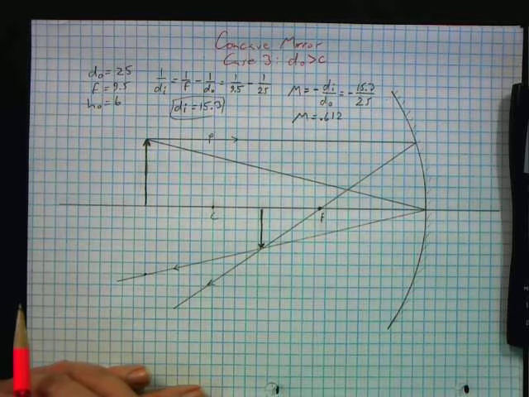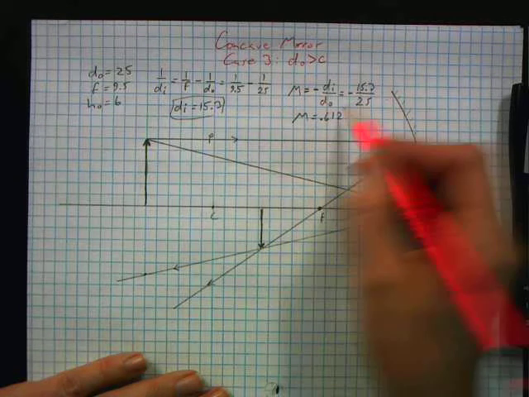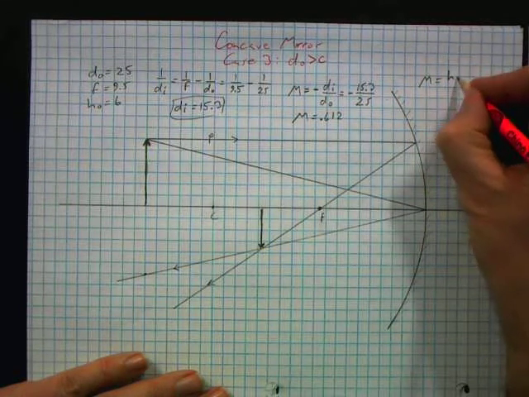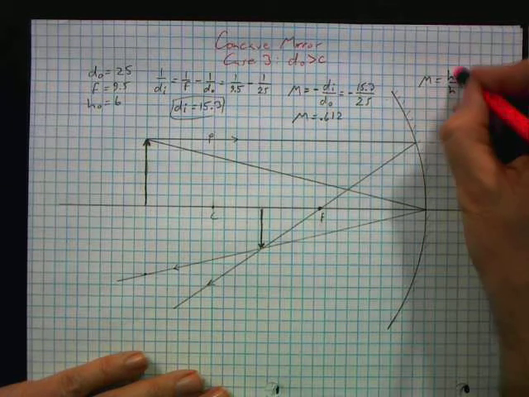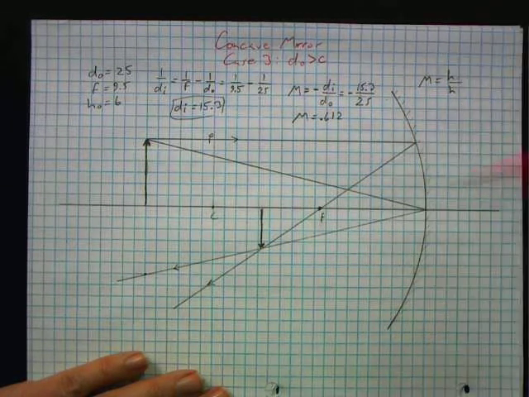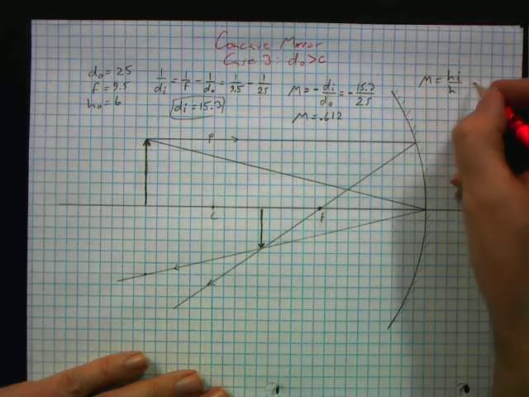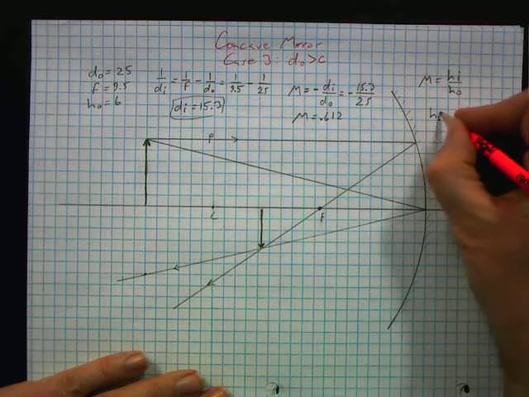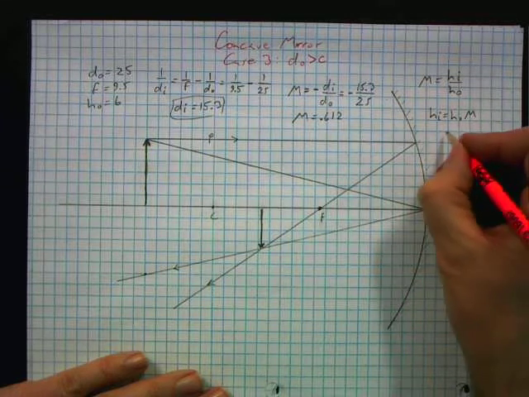If I wanted to know what height my object is going to be, since magnification is also equal to the height of the image over the height of the object, I'm going to blame it on the inverted image here. Then the height of my image is equal to the height of my object multiplied by my magnification factor.